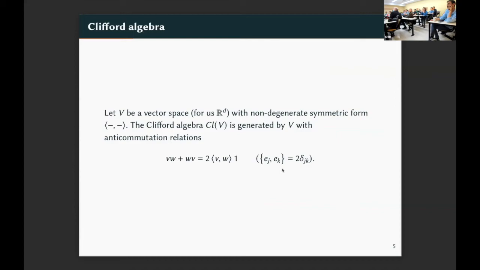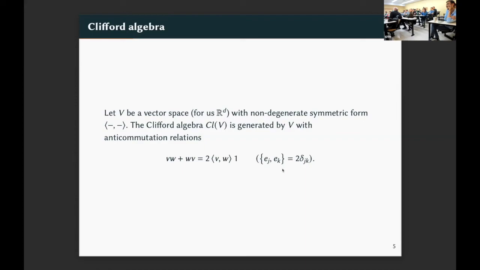The other preliminary we will need, because we are considering a certain Dirac operator, is a Clifford algebra. If we have a vector space with a bilinear form, a non-degenerate symmetric form, for the Clifford algebra I take all the elements of V and add the anti-commutation relation: they anti-commute if they are orthogonal to each other, and if not, they get weighted by the bilinear form.